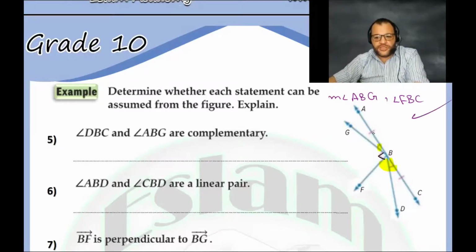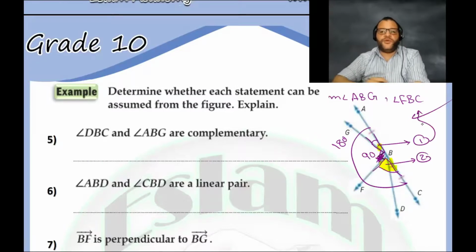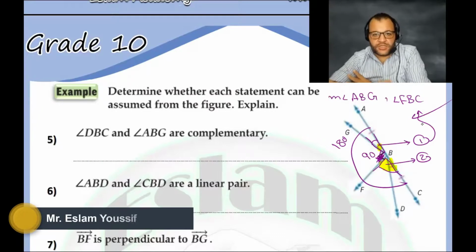ABG, this part, and FBC, that part. How do we know that? Because all of these angles together will be 180. We have one part equal to 90. If you remove this part, what is the remaining? Part number 1 and part number 2. If you add them, you will find it would be 90 degrees. Is that clear now?